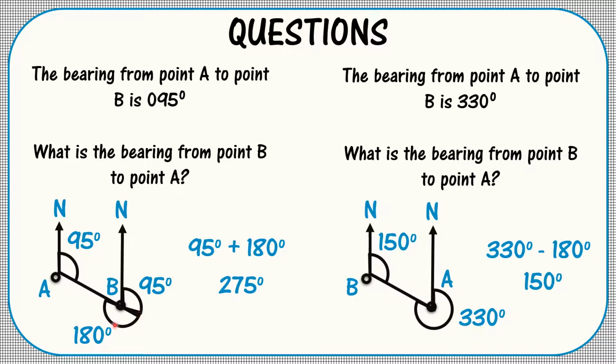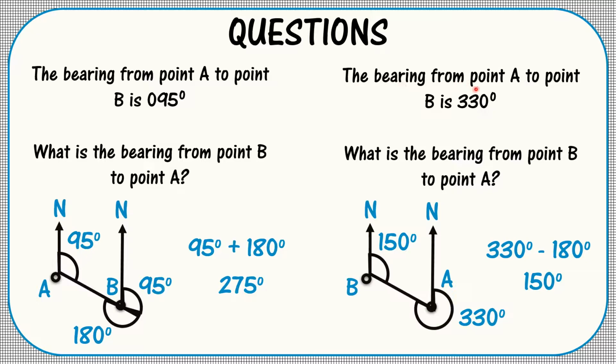Now, we know that this angle underneath is on a straight line, which is 180 degrees. Therefore, you would have done 95 degrees plus 180 degrees, and 95 plus 180 equals 275 degrees. So what is the bearing from point B to point A? The answer is 275 degrees. Let's go through the next question.